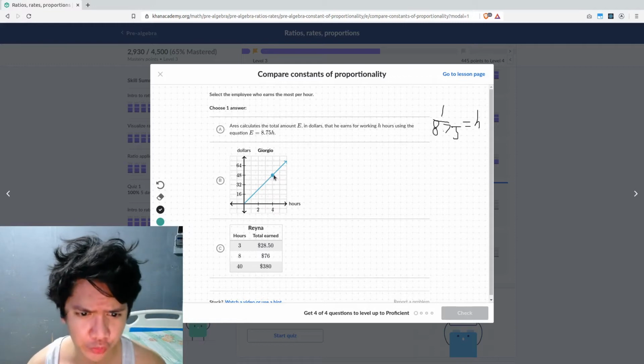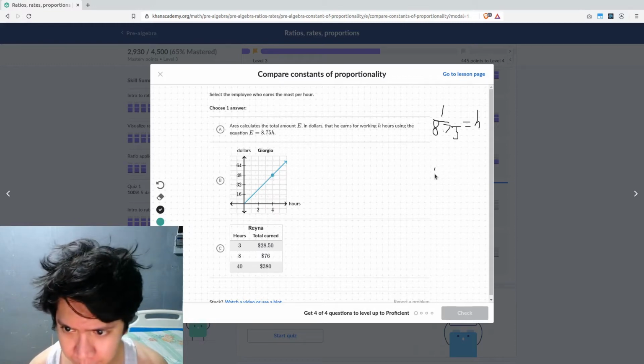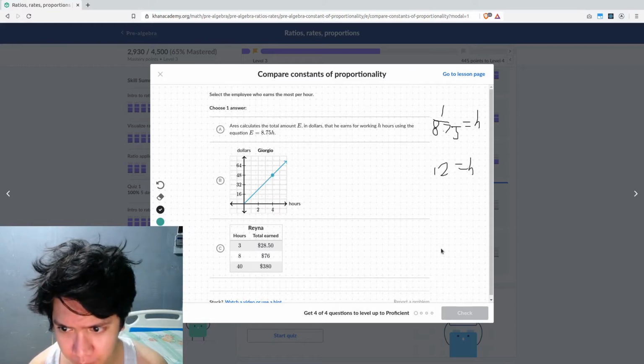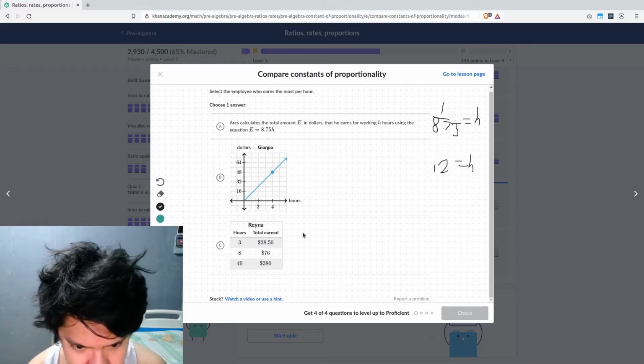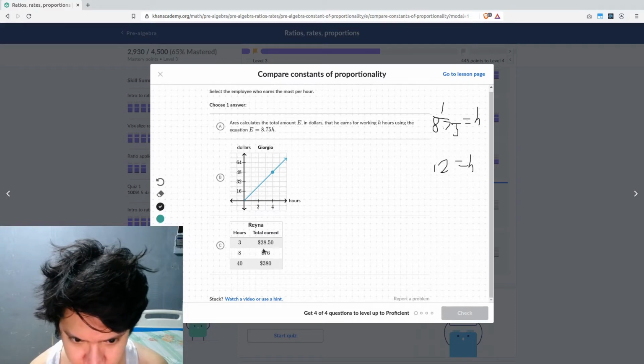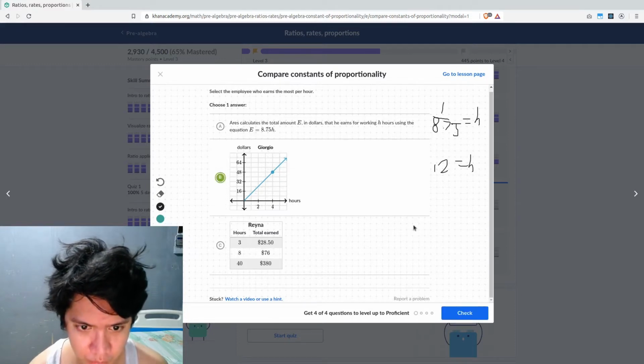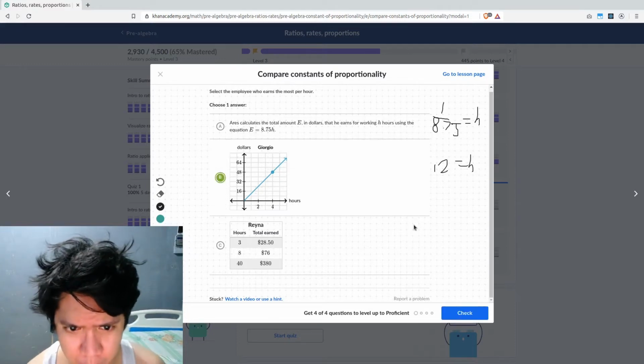It's 448, 12 per hour. 12 per hour. George earns the most per hour.